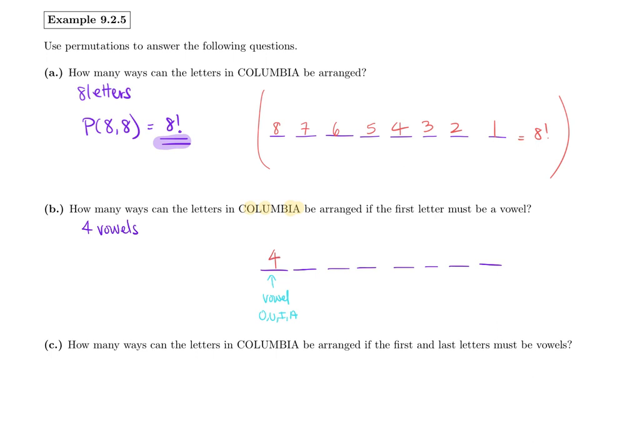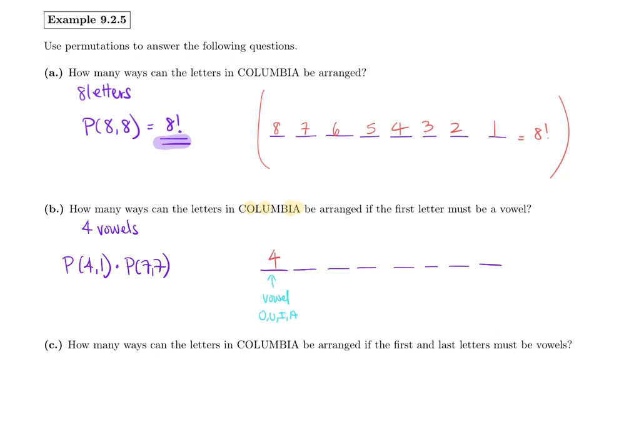If we did this with permutations, that is the permutation of out of our 4 vowels, we choose 1. And that means then out of the other 7 letters, we just choose the 7 letters. Right? We only picked 1 for the first letter.